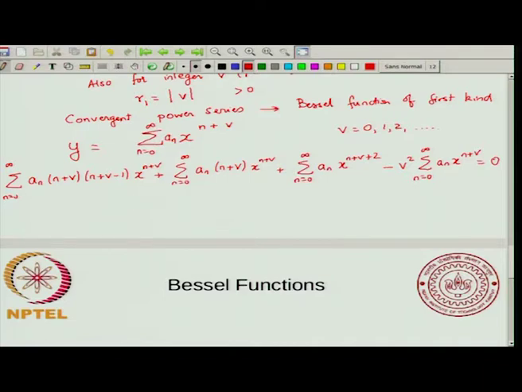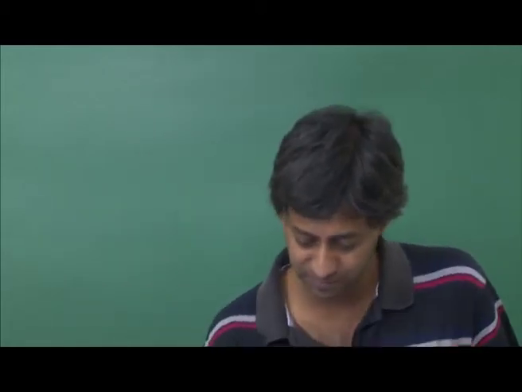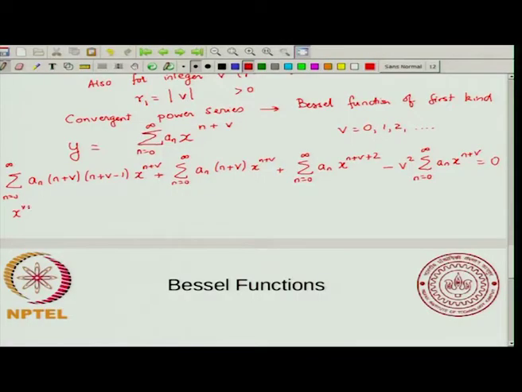The first thing is, we already saw what the coefficient of x raised to v is. Now suppose we look at the coefficient of x raised to v plus 1. In this case, for v plus 1, n has to be equal to 1.